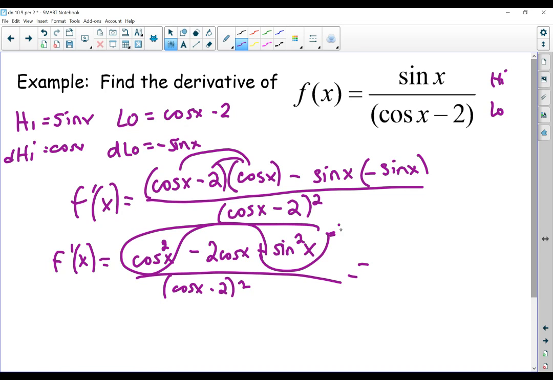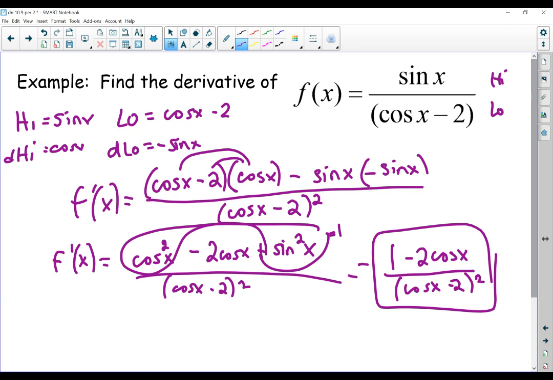There's an identity where that is equal to 1. Cosine squared plus sine squared is 1. That's the Pythagorean identity, so they'll always replace any combination of cosine squared plus sine squared with 1. So that would turn into 1 minus 2 cosine x, and that's the answer choice that you will see on an AP exam.